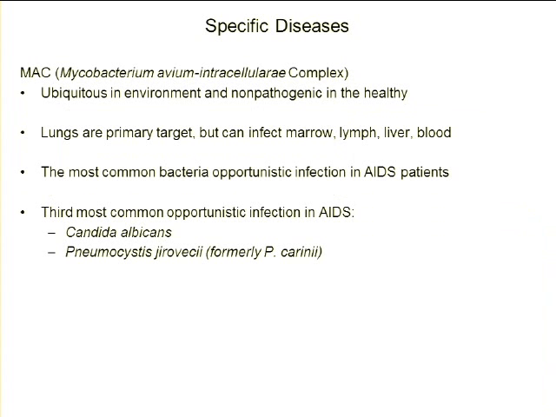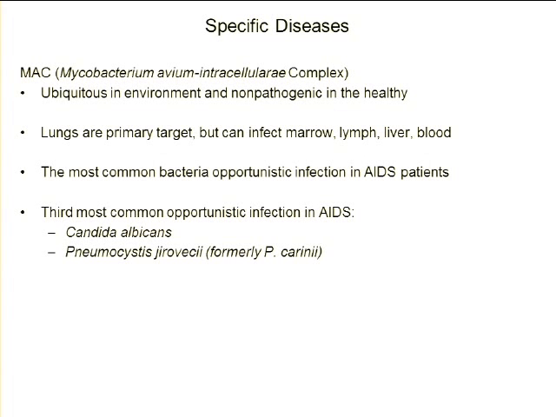Okay, so for those people that have a normal immune system, no problem at all. We breathe it in. All of us have breathed it in at one time or another in our lives, and it poses no risk at all. The lungs are the primary target, but it can disseminate to these other tissues. The problem with this is the most common bacterial opportunistic infection in HIV/AIDS.